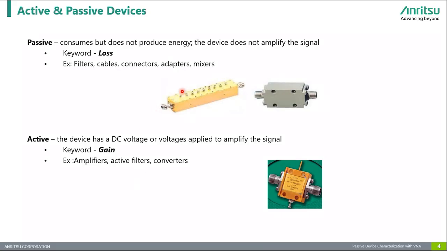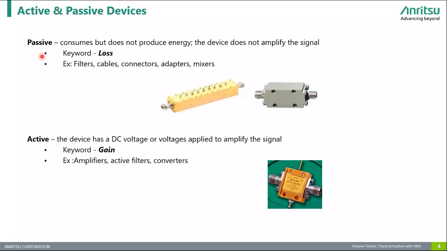This slide lays the foundation for our discussion by distinguishing between two fundamental types of components in RF and microwave systems, which are active and passive devices. Let's start with passive devices. These components do not generate any energy. They only consume it.